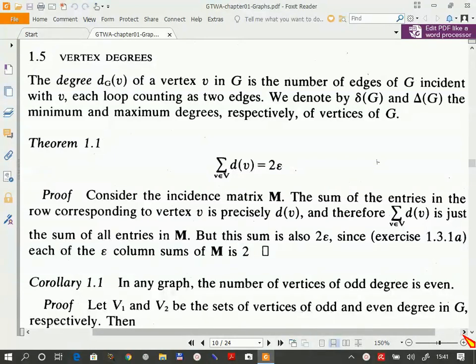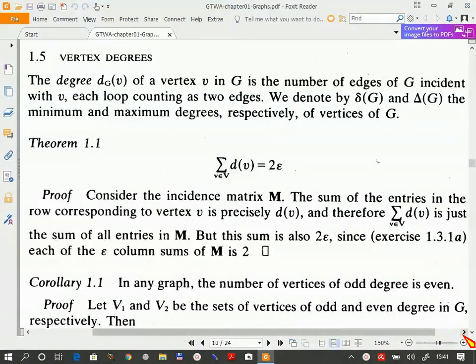Consider the incidence matrix. If you sum the entries in the row corresponding to vertex V, that is precisely the degree. Why? Because you have a 1 for each link incident to that vertex, and a 2 if you have a loop on that vertex.